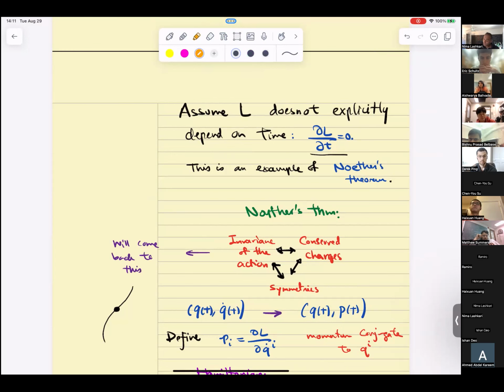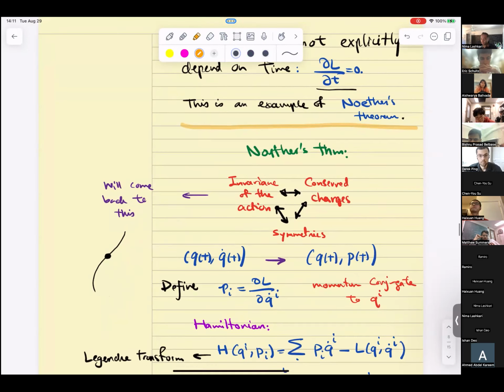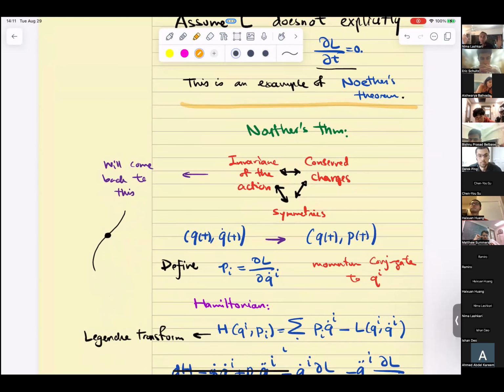This gives you an example of a Noether theorem. So we're going to go through that step by step. But what is the idea? We're going to spend a whole part of the course on Noether theorem. But the idea is that there are 3 concepts in physics that are related. When you talk about actions, if there exists a transformation that leaves your action invariant, it has a physical interpretation of a symmetry, and it has a physical interpretation of a conserved charge.